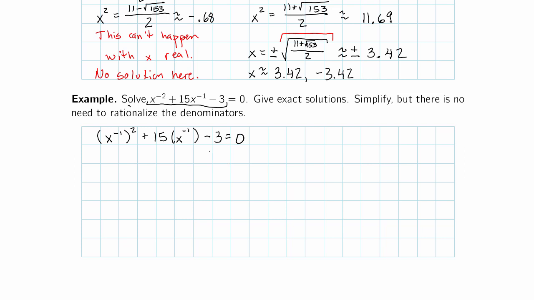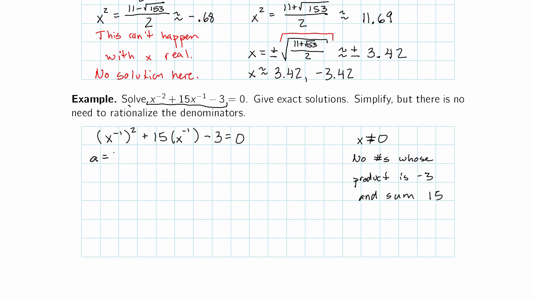Now, because of that negative exponent, we have a restriction that x can't be 0. But it's pretty apparent that we're not going to get 0 anyway. Other than that, well, we can't factor this polynomial. Right? No numbers whose product is negative 3 and whose sum is 15. That's not going to happen.